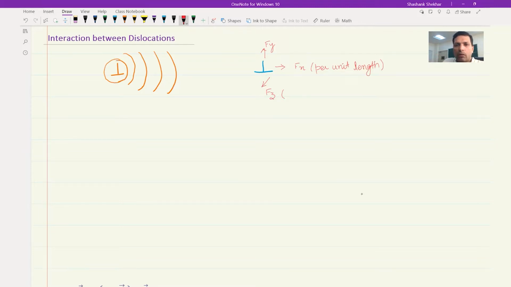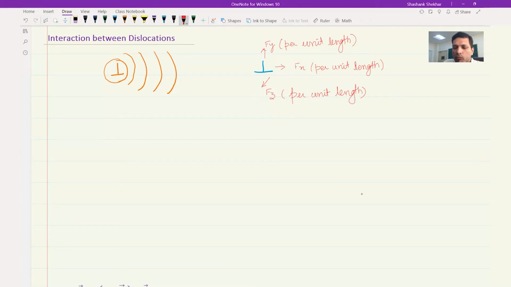So we will always calculate forces per unit length. So this is what we can term as dislocation interaction, the effect of one dislocation onto another.